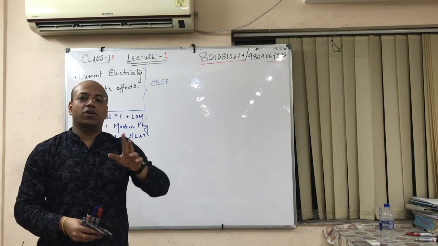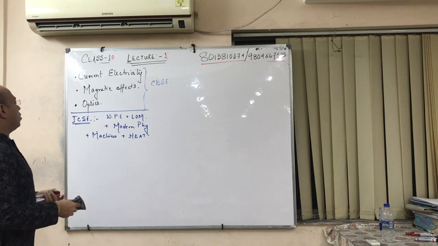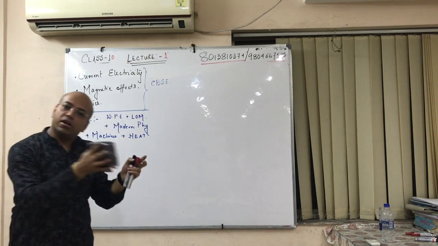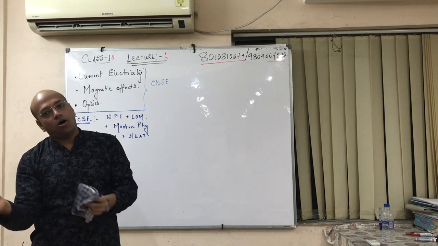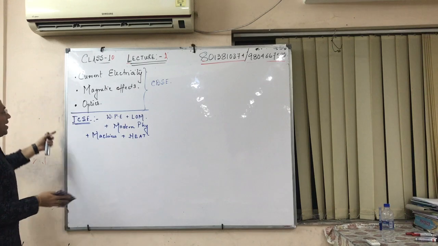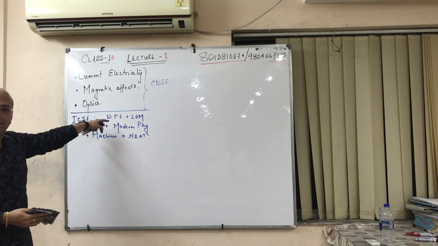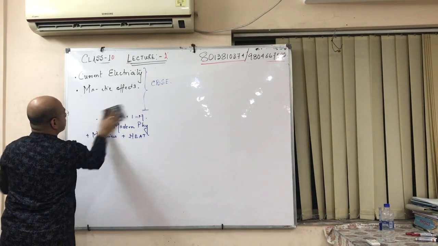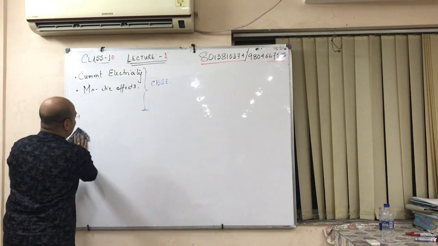Different schools follow different patterns. So I am not going current electricity, then magnetism, then optics. I will go on with current electricity and parallelly start off with optics, so you can correlate the 2 chapters. And for ICSE board students, I will do it separately. So let's start off with the very first class of current electricity.